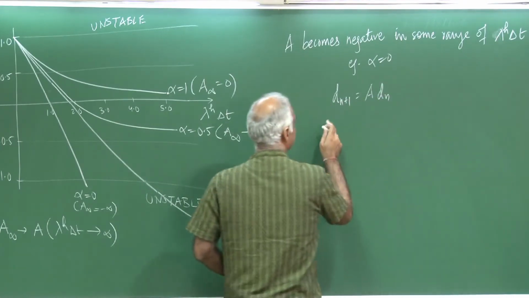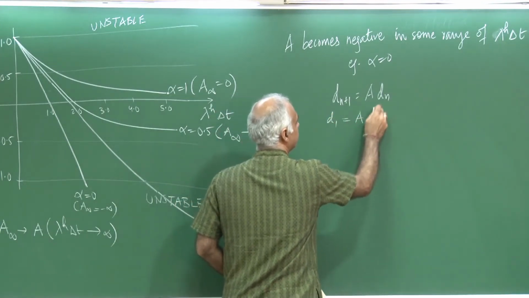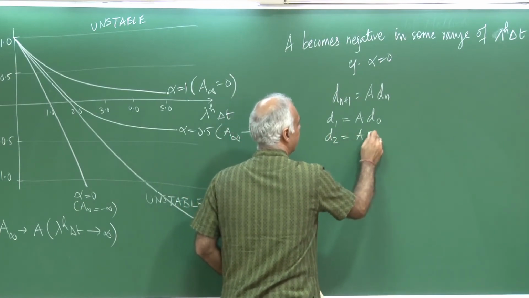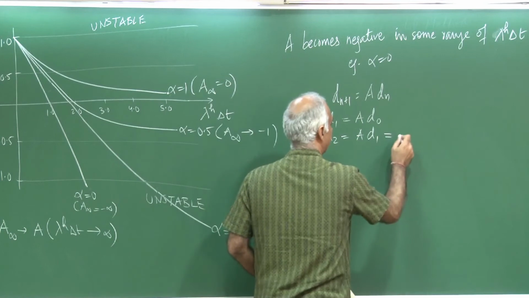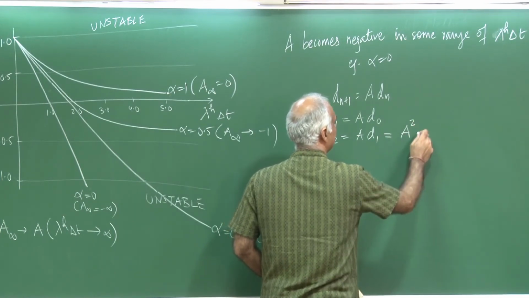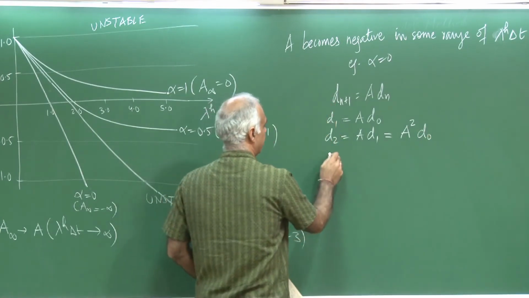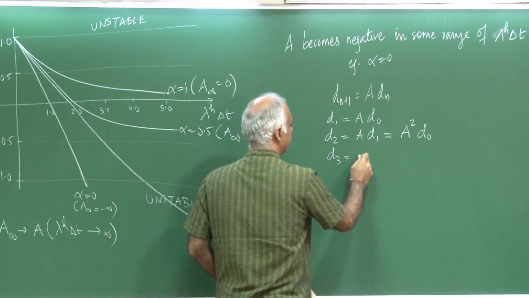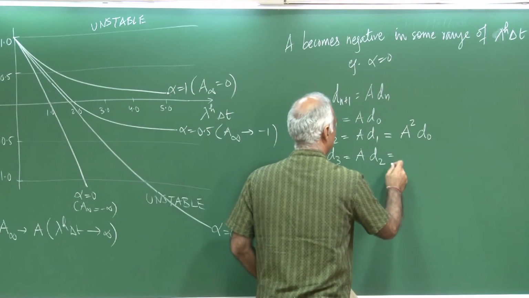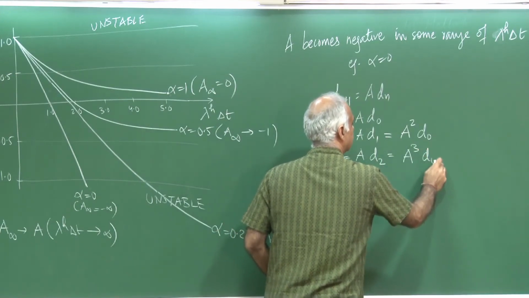Let me apply this equation by varying n. So d1 is A times d0, d2 is A times d1, and therefore I can write this as A square times d0. d3 you can see is A times d2, which is actually A cube times d0.